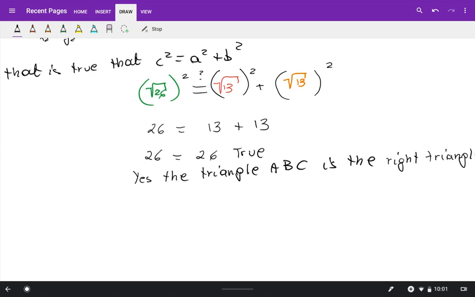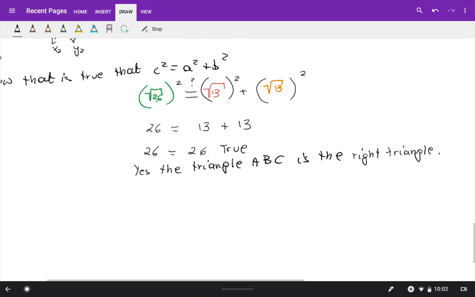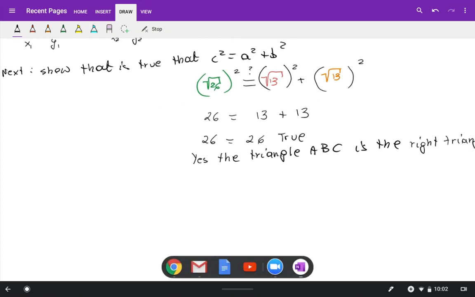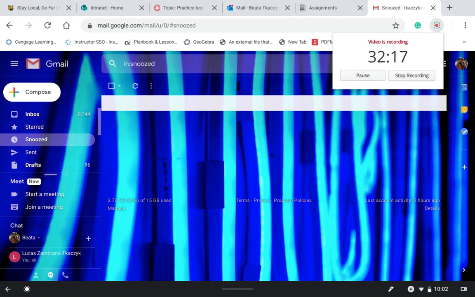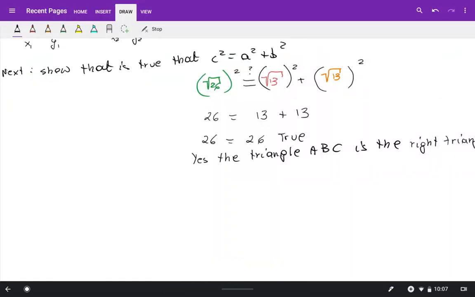So it was a long problem just to prove and show how we prove that the given triangle is a right triangle. Okay, so we continue.